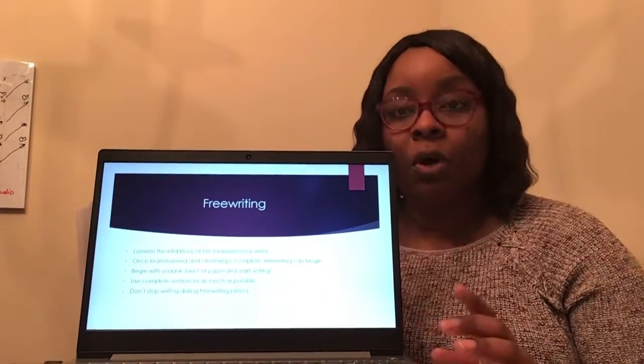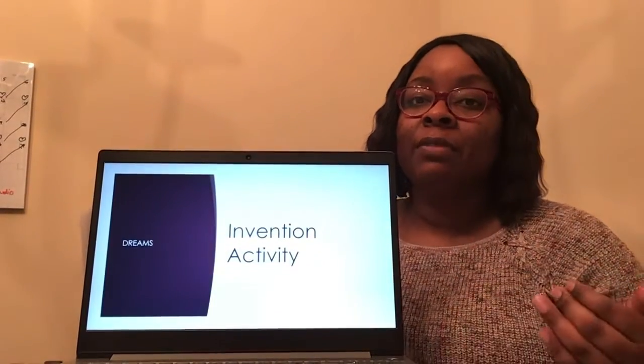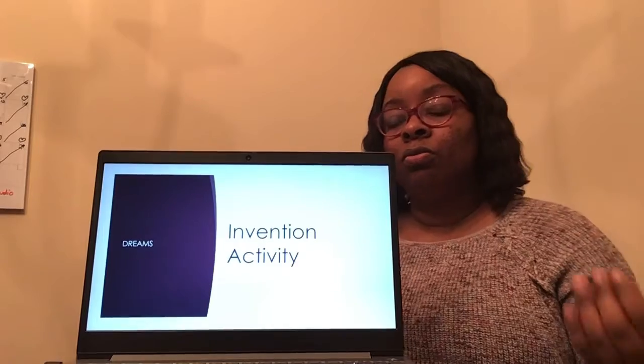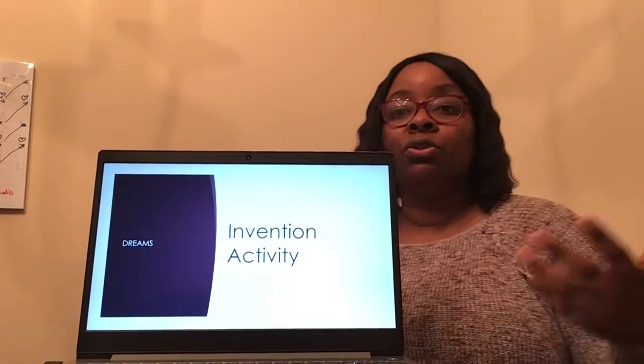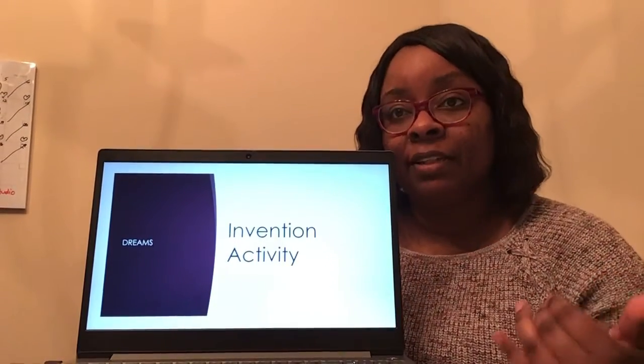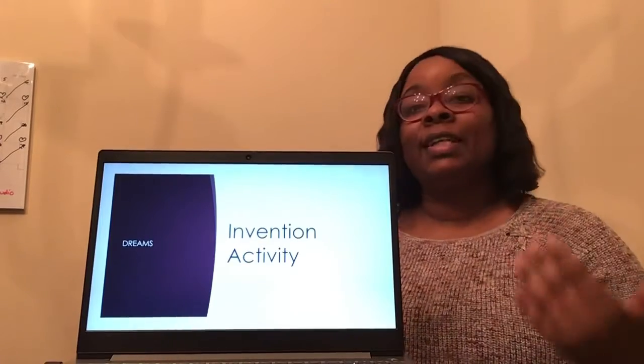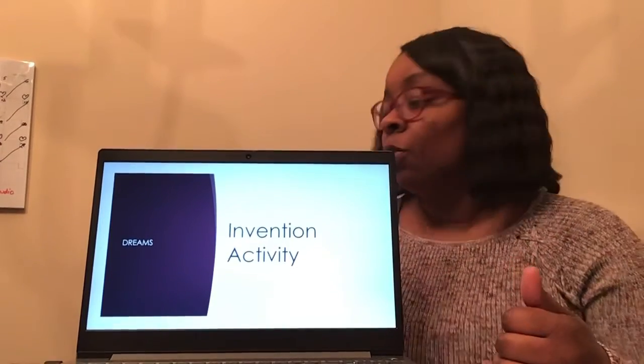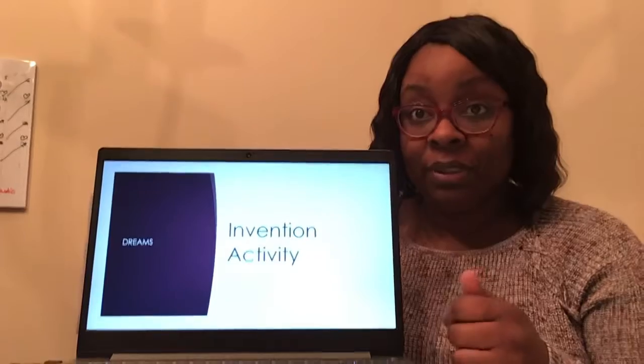So now that we have gone over 3 different types of invention strategies or techniques, we're going to do an in-class invention activity. So for this activity, I'm going to give you a word, which the word is dreams.